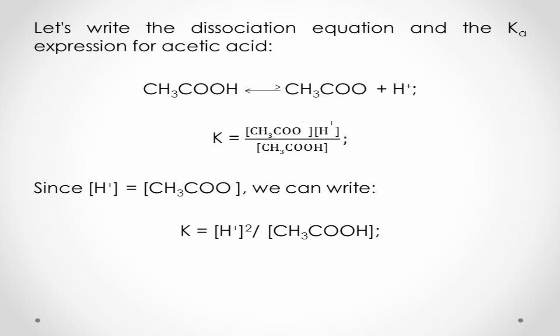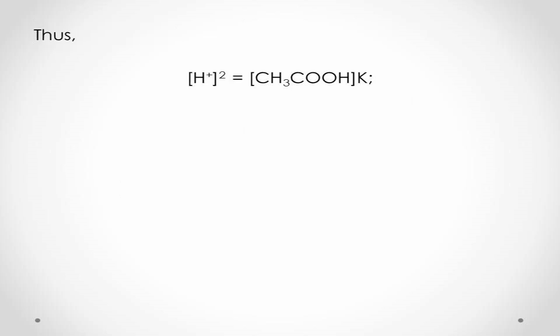The numerator simply becomes the concentration of H plus ions multiplied by itself. Next, we express H plus in terms of the dissociation constant and the concentration of acetic acid.